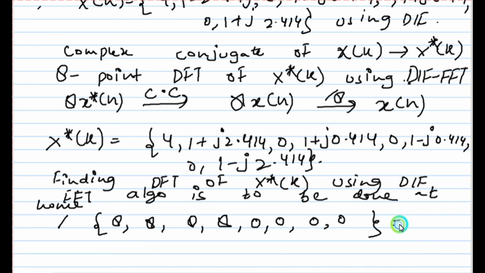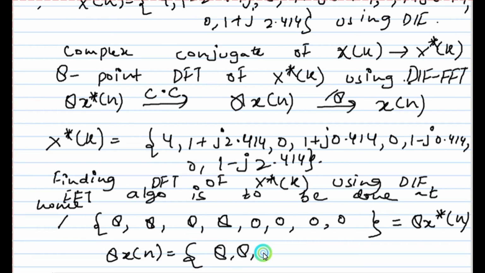This will be equivalent to 8 times x conjugate n, right? There are no complex terms here, so it will be the same as its complex conjugate. So 8 x of n will be equivalent to the same 8 comma 8 comma 8 comma 8 comma 0 comma 0 comma 0 comma 0.